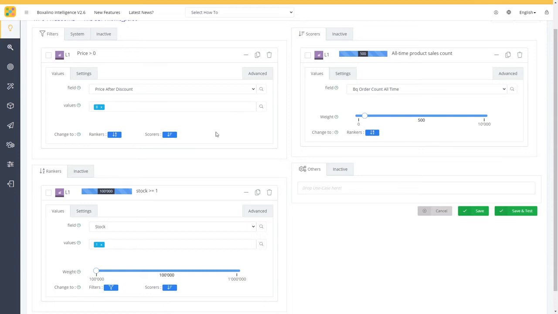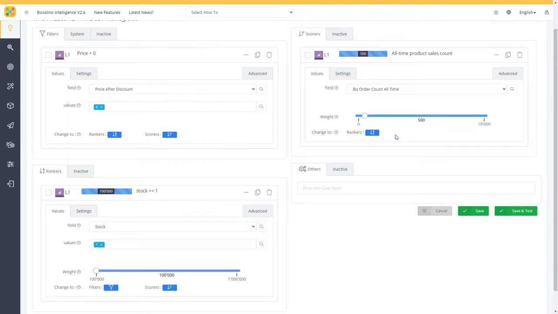Therefore, it cannot be a filter. And that's actually why we see it cannot be moved to a filter, because a filter must be conditional. A filter is either true or false. A filter can remove products or keep products in the result lists. So that's an important concept.